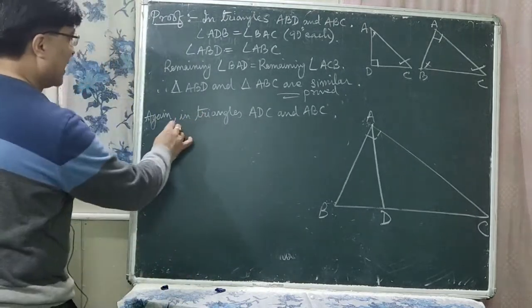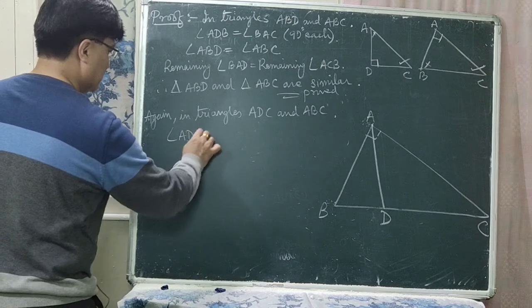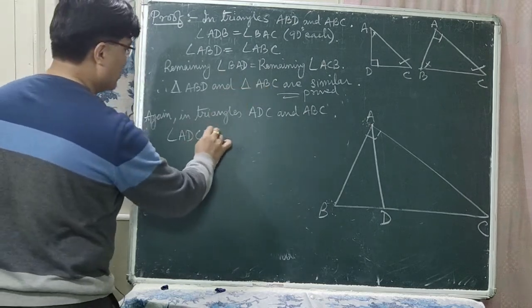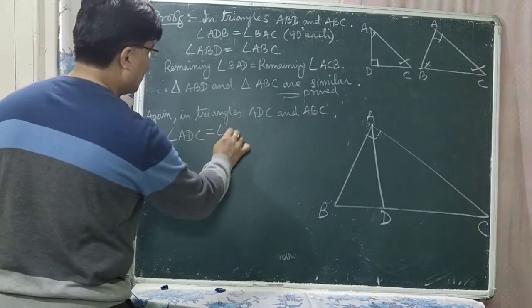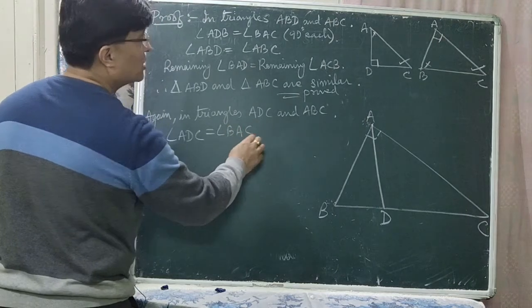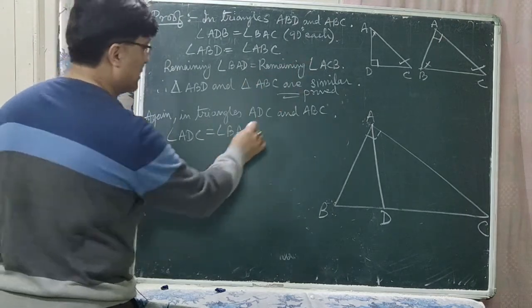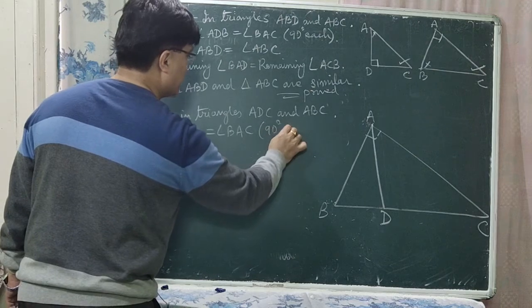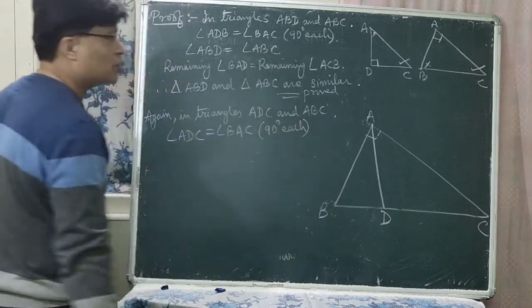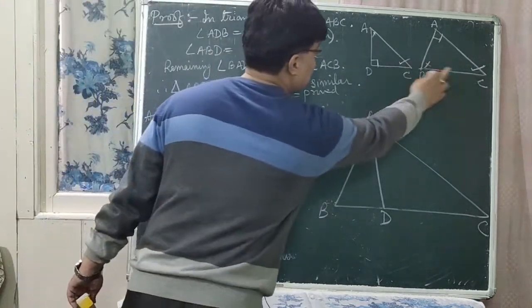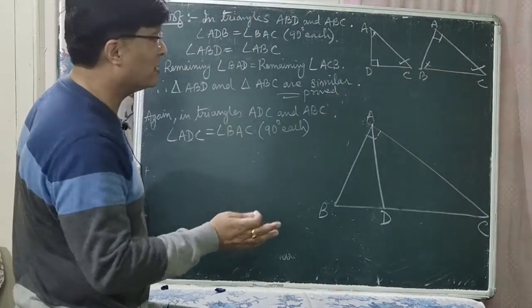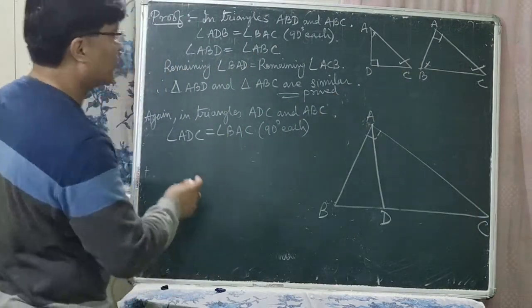So in this case, angle ADC is 90 degree, which is equal to angle BAC, that is 90 degree each. Now these angles C are same angle, isn't it? That means obviously they are equal, right?